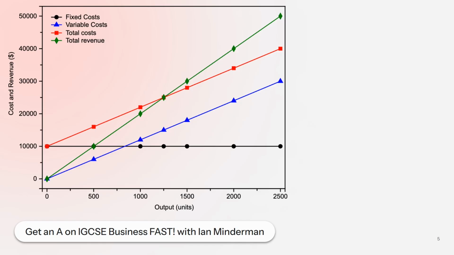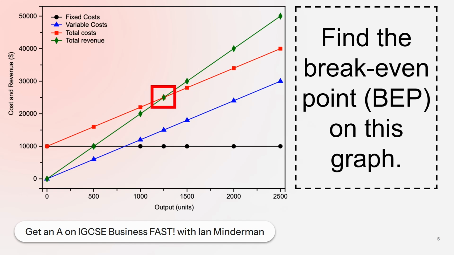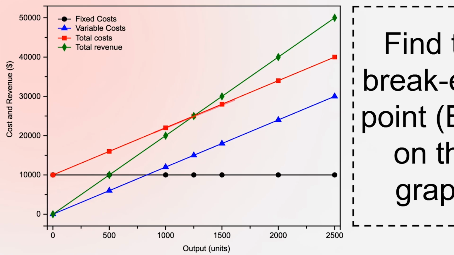So let's take a look at this graph here. Knowing what I just told you about total costs equaling total revenue, where do you think the break-even point on this graph is? Go ahead. It's here. Take a look. This is where total costs, the red line, meets the total revenue, green line.